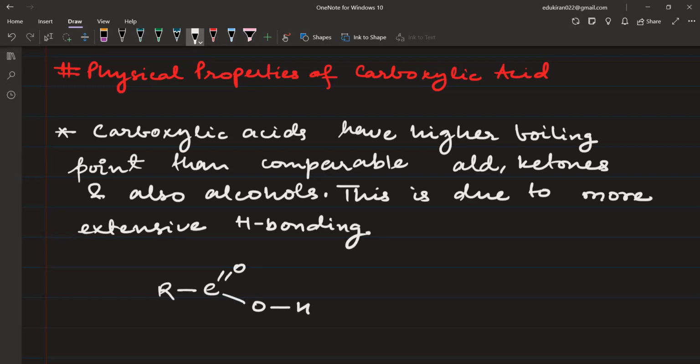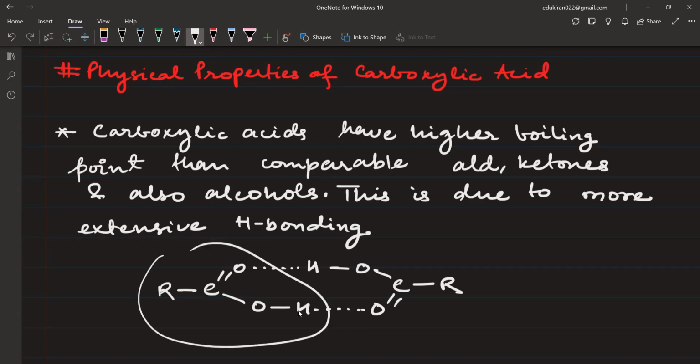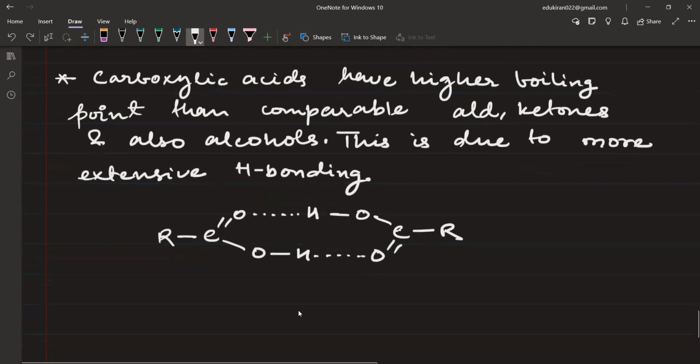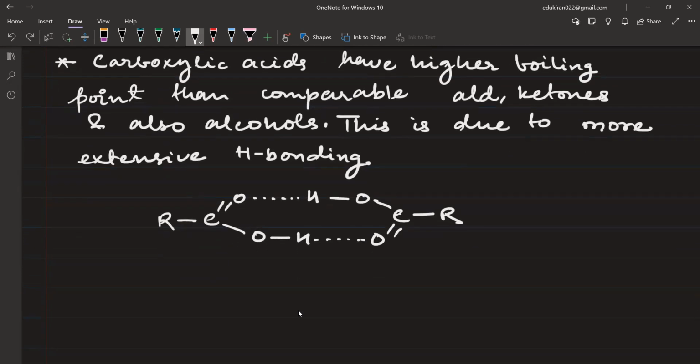Another carboxylic acid, C double bond O OH. So in one molecule only, they can have hydrogen bonding in this manner. This carboxylic acid is having one hydrogen bond, and this one has two, so each molecule is responsible for two hydrogen bonds. But that is not the case in alcohols. That is why they have more extensive hydrogen bonding.